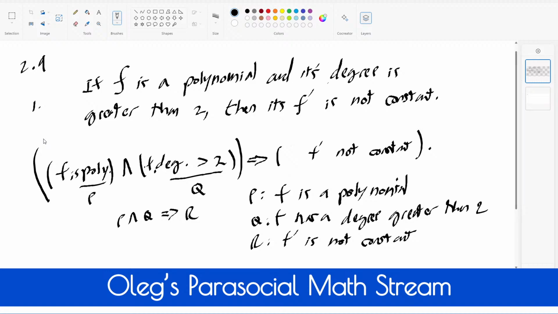This implies that f' is not constant. We have P, Q, and we have R. Okay, well, they're making progress. At least that's understandable to me, and hopefully it would be correct. At least it looks correct to me. The structure lines up.